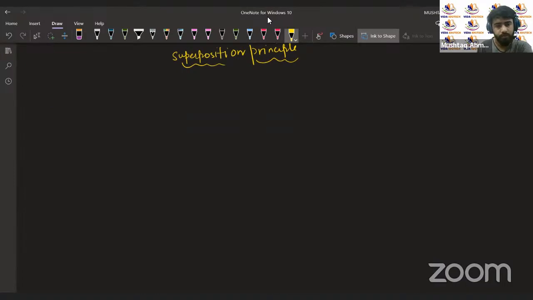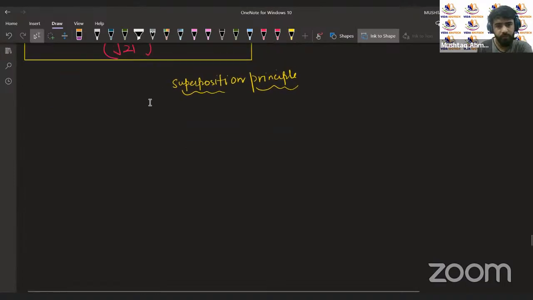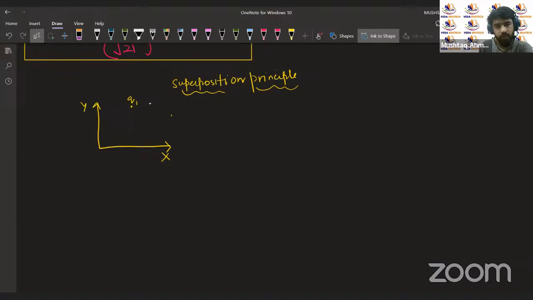Suppose that we have two charges placed. This is our Cartesian system, the x-y plane, and suppose that we have charge 1, q1, and charge q2 here.